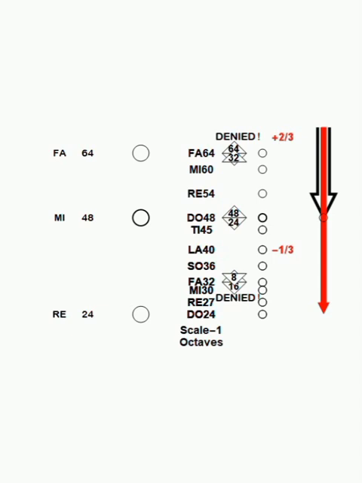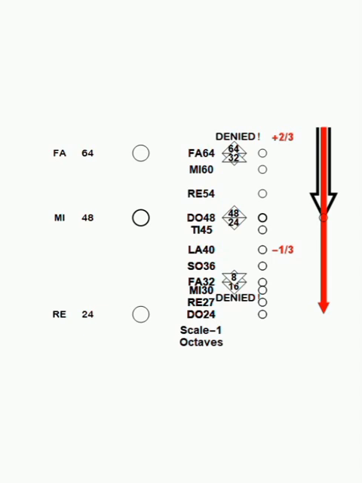The force at Fa 32 is 16 units below the oscillating Do 48, and the force at Fa 64 is 16 units above Do 48. The force which lives at these Fas is therefore called a symmetrically distanced denying force.